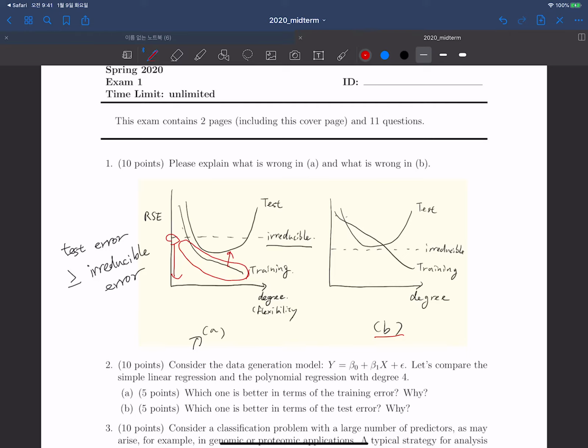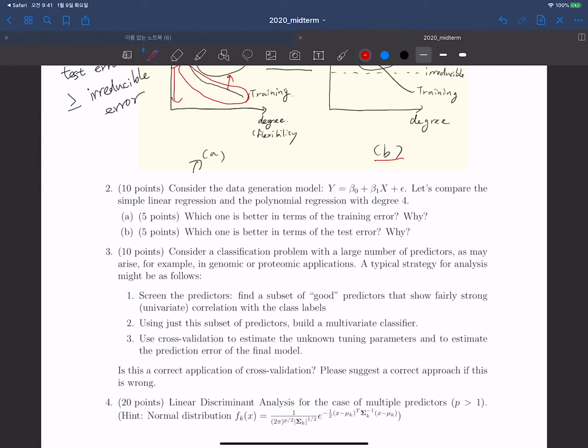Basically, at that time, we solve the minimization problem with the objective function, the training error, right? So generally, training error is below the test error because test error is the error for a new observation.